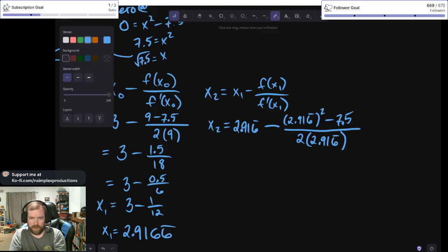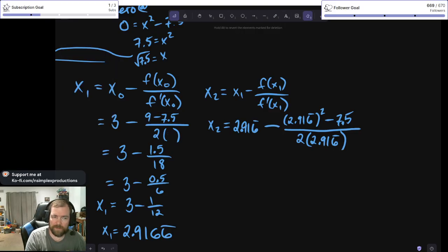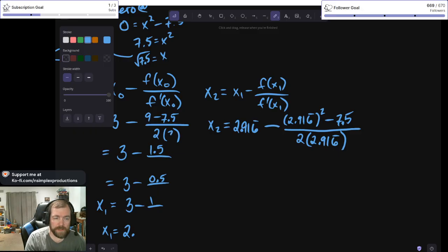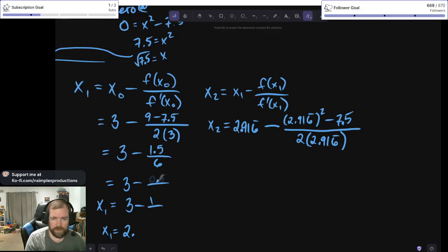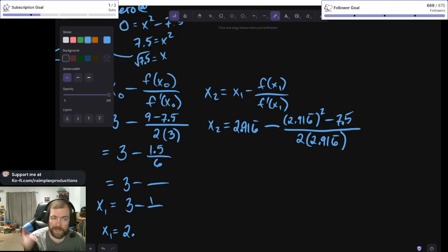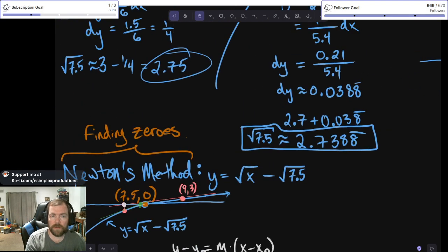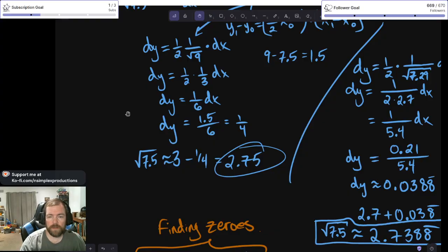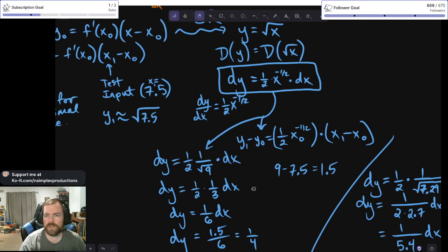Okay. Yep, I did it again. This 9 here is not a 9. This is a 3. So that's a 6. So this is going to be a 1/4, which actually is the exact same thing that we got in this formulation of it here. Is this the same?